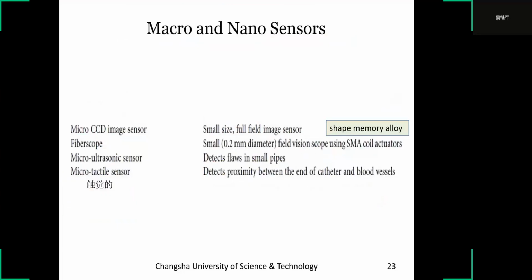Next, macro and nano sensors. Macro CCD image sensor: small size, this is the CCD for image sensing. Fiberscope: small.